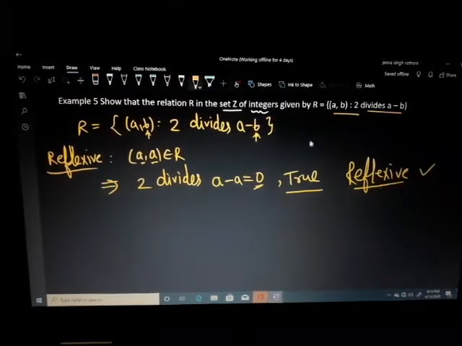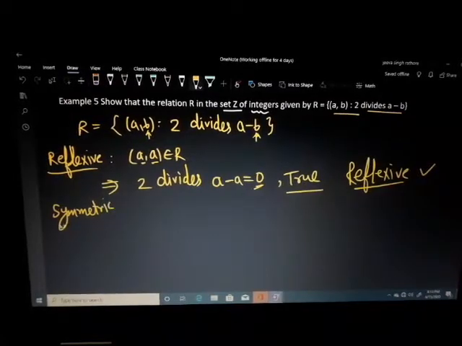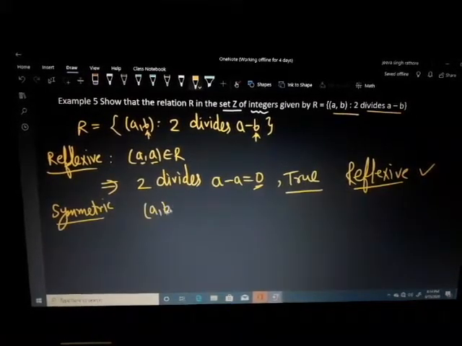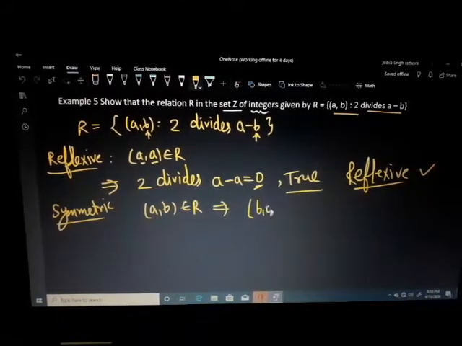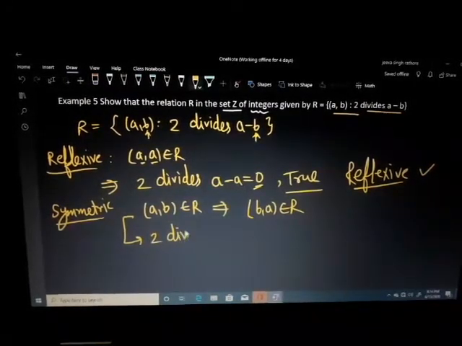नेक्स्ट रिफ्लेक्सिव के बाद चेक कर दीजिए सिमेट्रिक के लिए. तो (a, b) belongs to R है, तो you have to prove (b, a) also belongs to R. We will check (a, b) belongs to R, that means 2 divides a minus b.